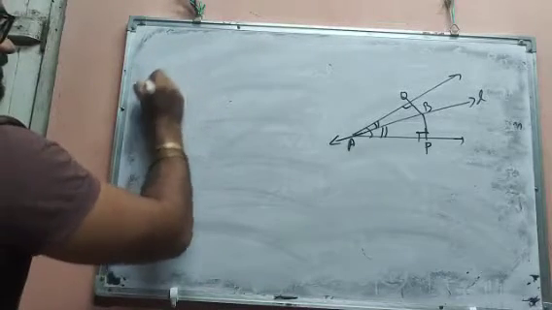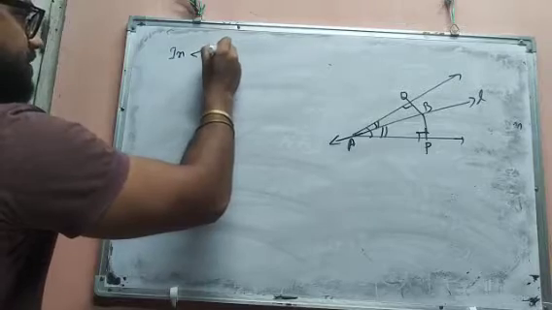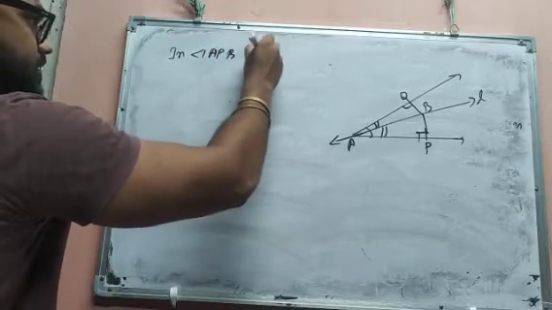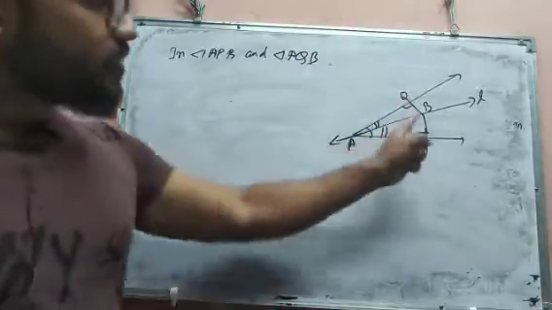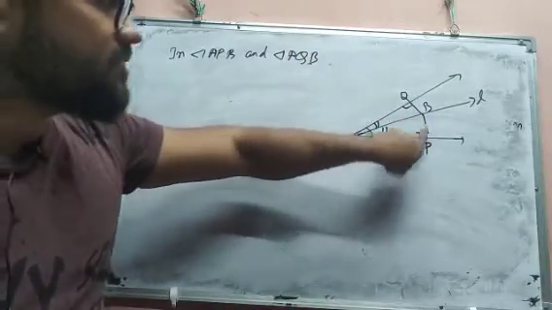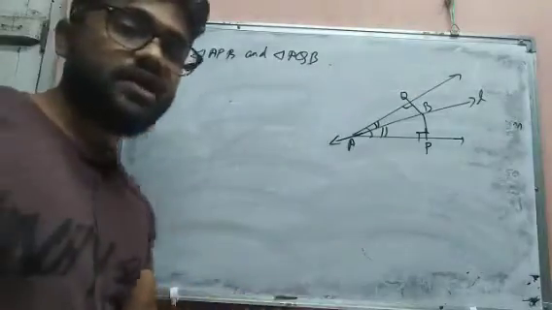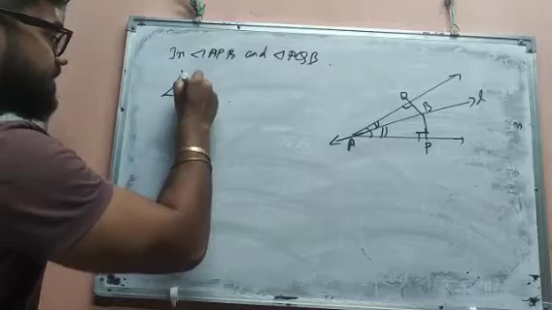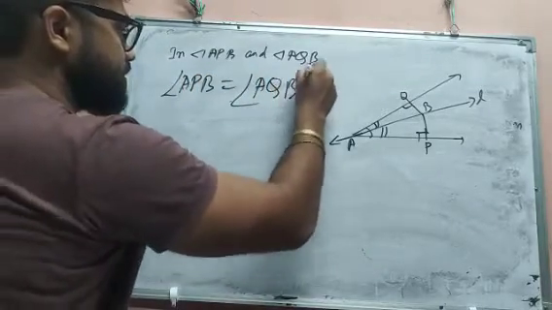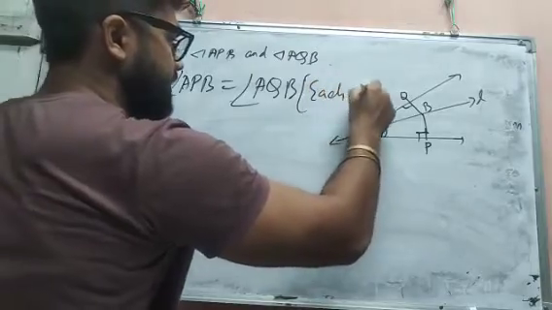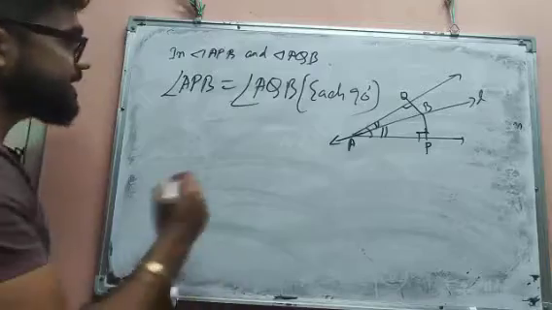See, in triangle APB and triangle AQB, for the first thing, angle APB and angle AQB are both 90 degrees. So angle APB equals angle AQB. Why? These two angles are 90 degrees, so these two are equal.